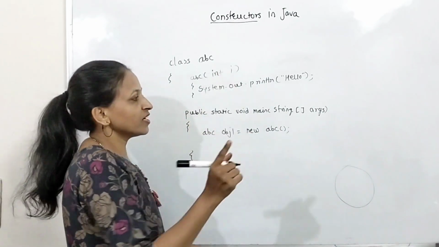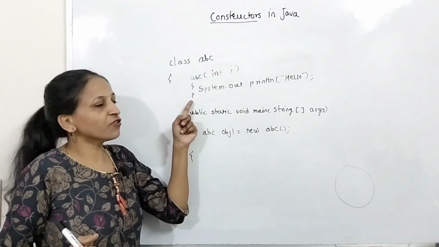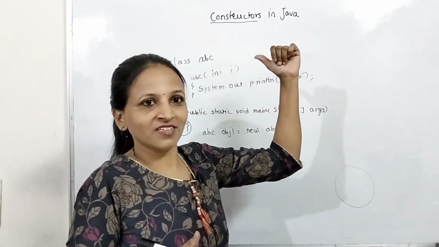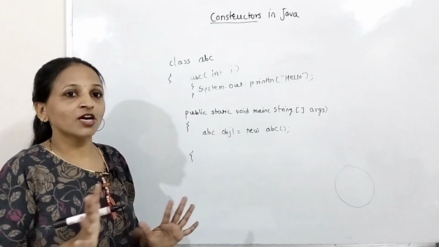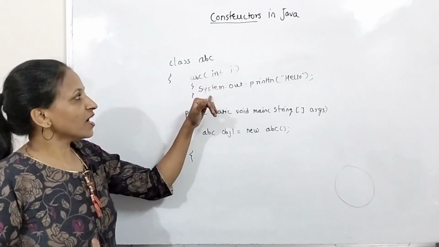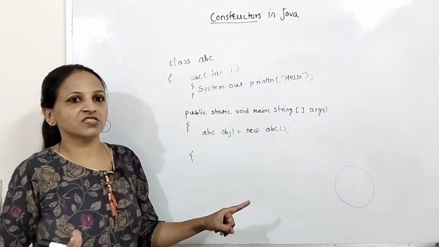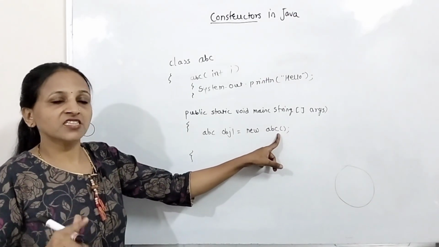In this case you will get an error. You cannot think that since I have written a constructor with one integer argument, the compiler will provide a default constructor. See, if you are writing any constructor in a class, then the compiler will not provide a default constructor. Here you will get an error, just check it out.